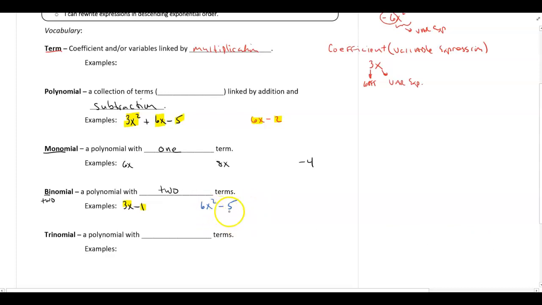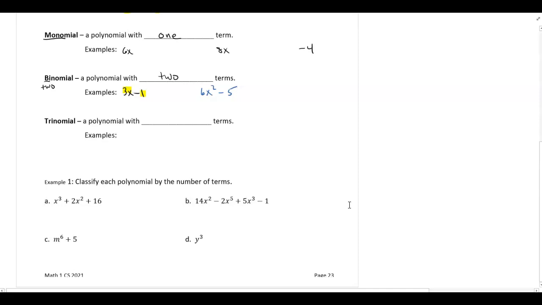Again, has 2 terms, considered a binomial. A trinomial, tri is a prefix for 3, so it's a polynomial with 3 terms. And an example of this would be 6x squared plus 9x minus 5. If I look, there are 3 terms in that example.